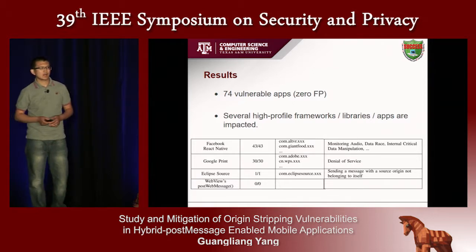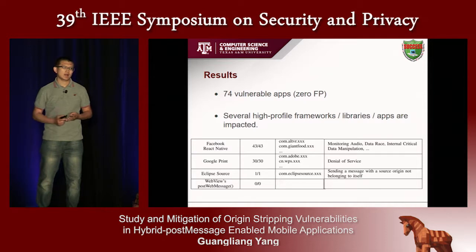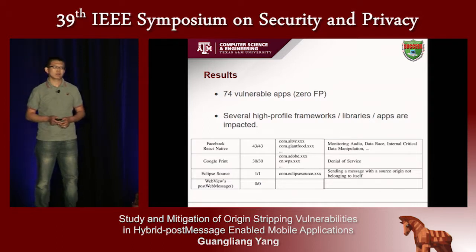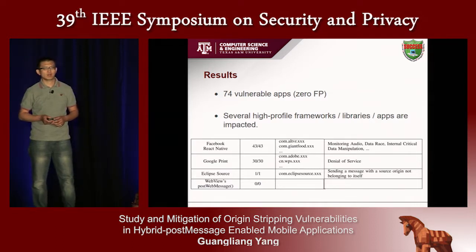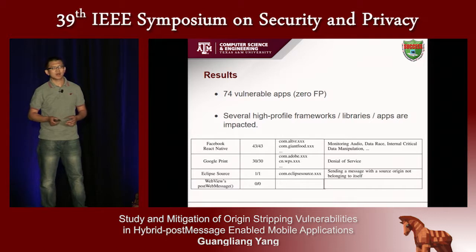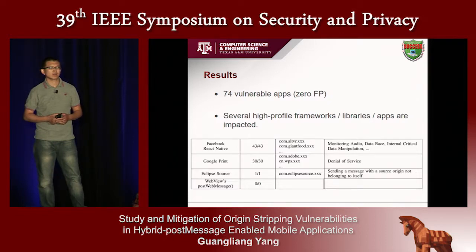Several high-profile frameworks, libraries, and apps are impacted, such as the Facebook React Native framework and the Google Cloud Print library. Serious consequences may be caused. For example, attackers may silently monitor a microphone or crash apps by triggering some data race or manipulating some internal data.